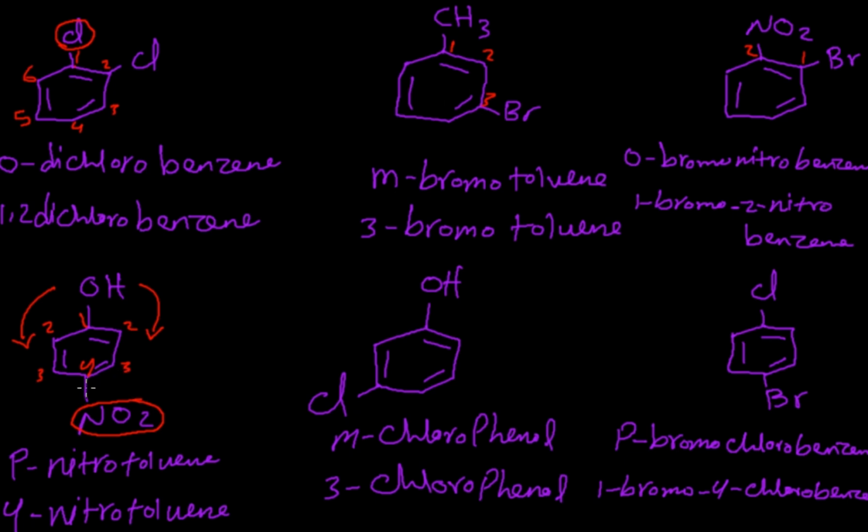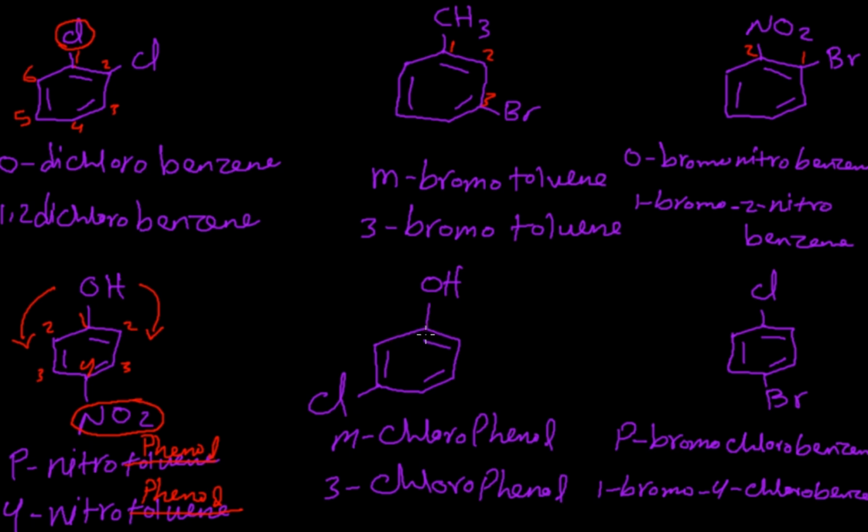So this compound is called 4-nitrotoluene. Sorry, I just wrote it wrong. It should be para-nitrophenol. That should be phenol. 4-nitrophenol. Not toluene. Toluene is the benzene ring carrying CH3, a methyl group.